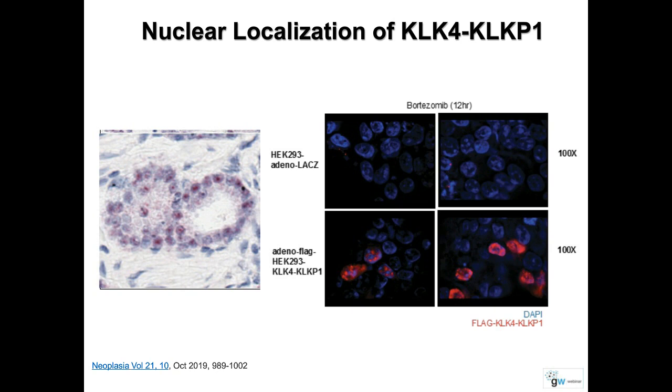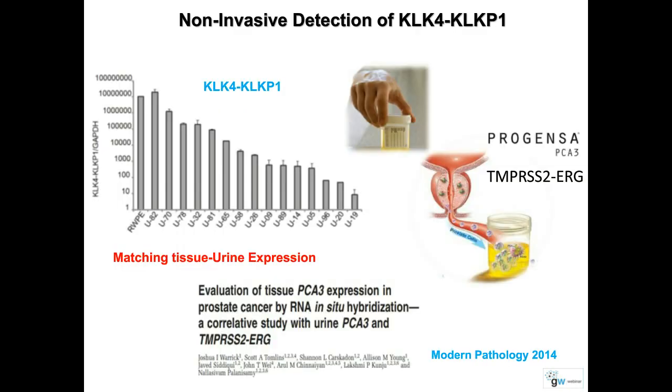Then, like other prostate cancer gene fusions, we wanted to see whether this gene fusion can be detected in the urine of prostate cancer patients. Since this fusion gene is prostate cancer specific, not in benign, we want to develop a non-invasive diagnostic assay based on urine samples. We screened random samples, and we were able to show that indeed we can see this gene fusion in the urine of prostate cancer patients.